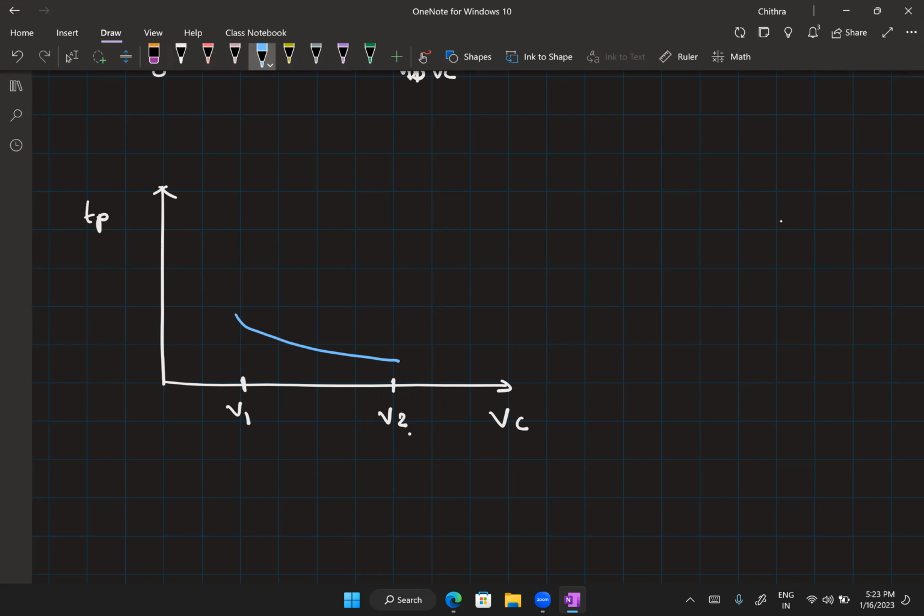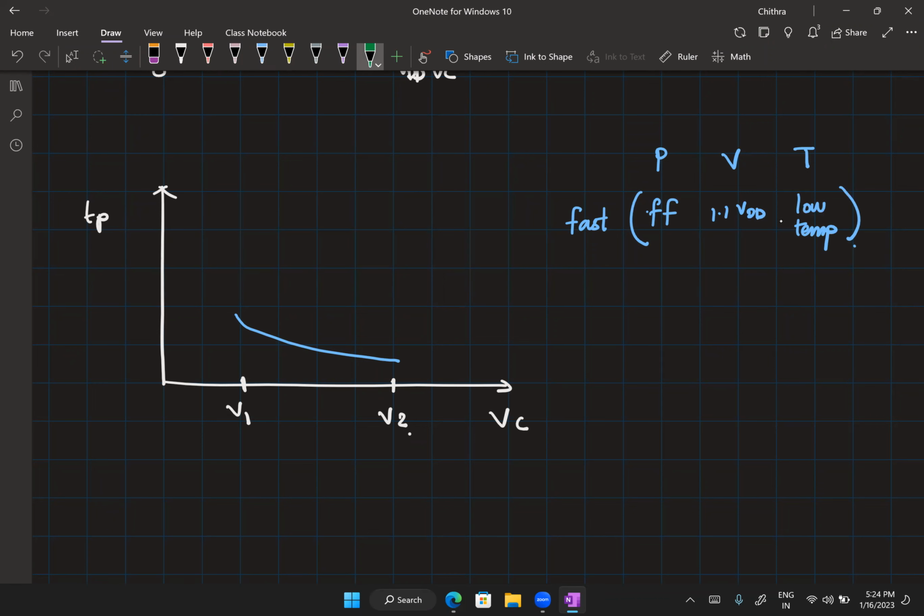Okay, so what do I mean by fastest corner? Process, voltage and temperature are such that you have the minimum delay. So this means that now your transistors are in fast corner. So you have both NMOS and PMOS in FF. Your supply voltage is 10% higher than the nominal value. So if your nominal value is VDD, you'll have 1.1 VDD. And your temperature is the lowest temperature for which you have to design your circuit, right?